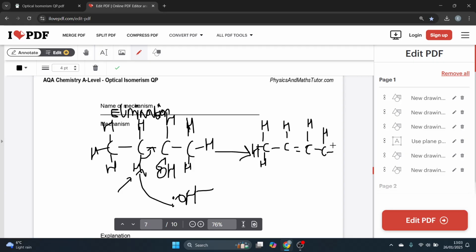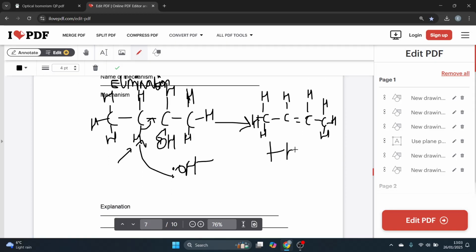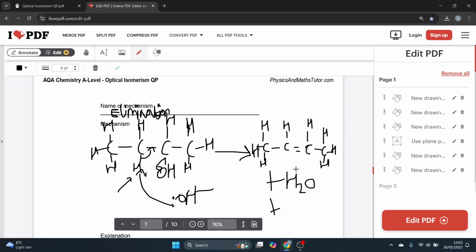This methyl group, CH3 group, stays the same. However, the OH group's left, and then we've got plus H2O. Elimination.